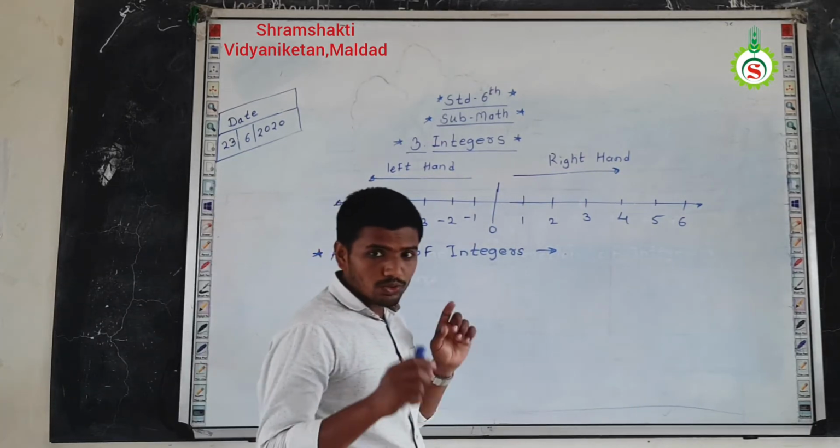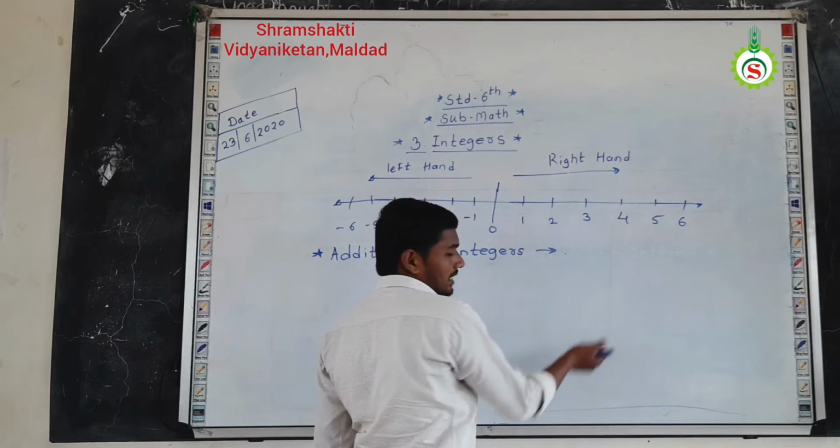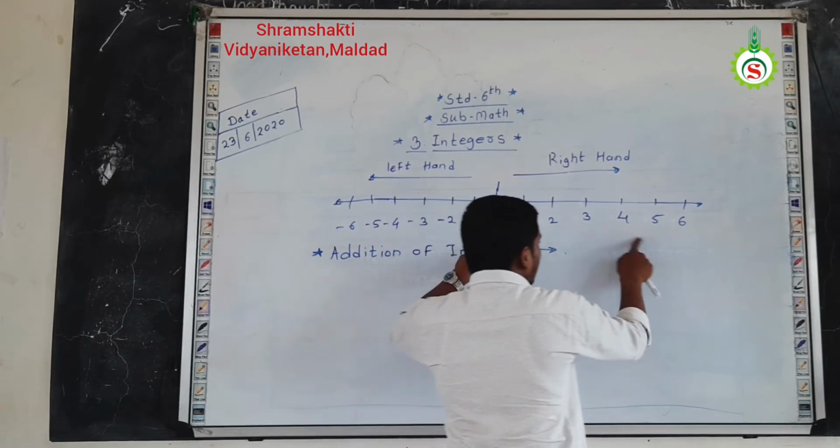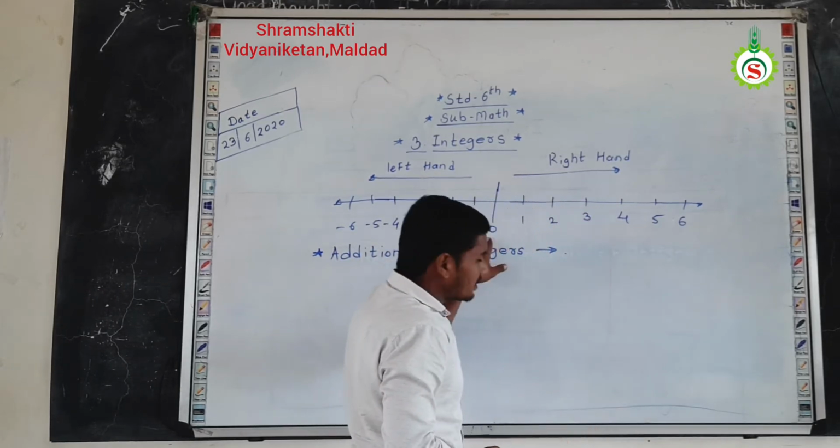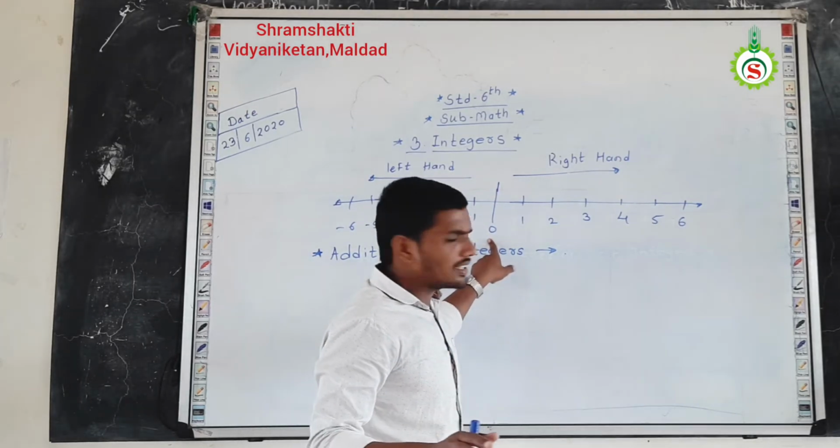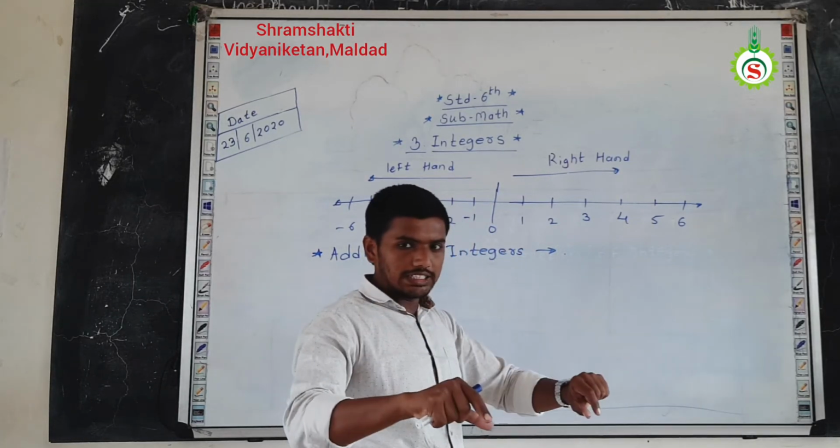If you want to travel within your region, that means only within the right hand region, then you don't have to spend anything. That means you are within your region.